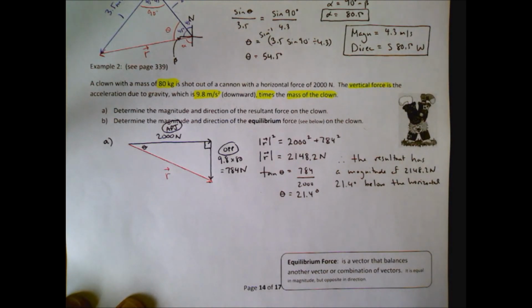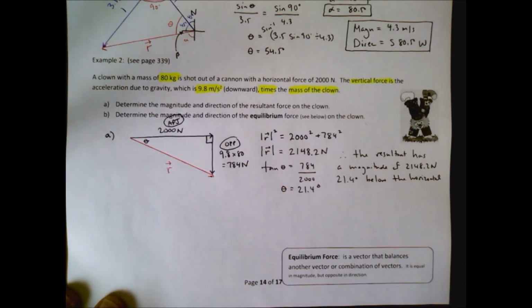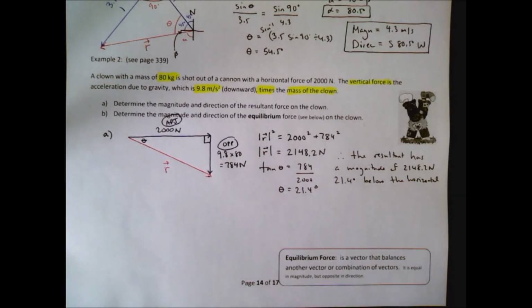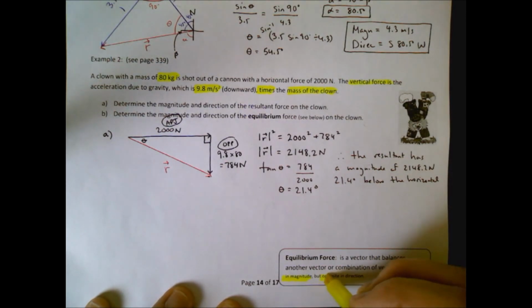There we go. Now, part B says this: determine the magnitude and direction of the equilibrium force. See below. So the equilibrium force is a vector that balances another vector or a combination of vectors. What does that mean? It is equal in magnitude but opposite in direction.